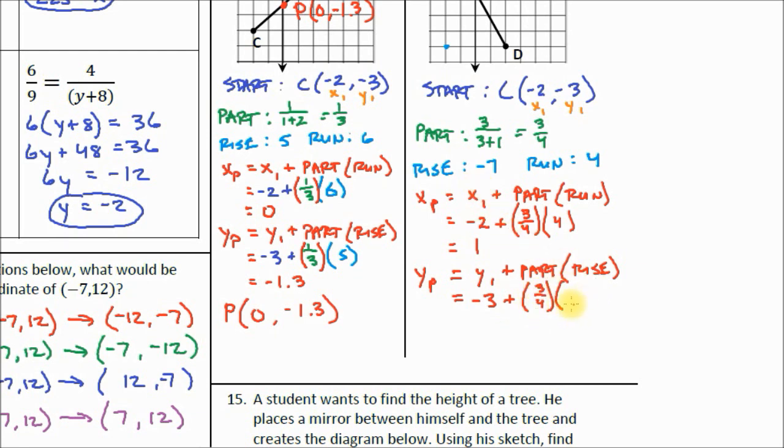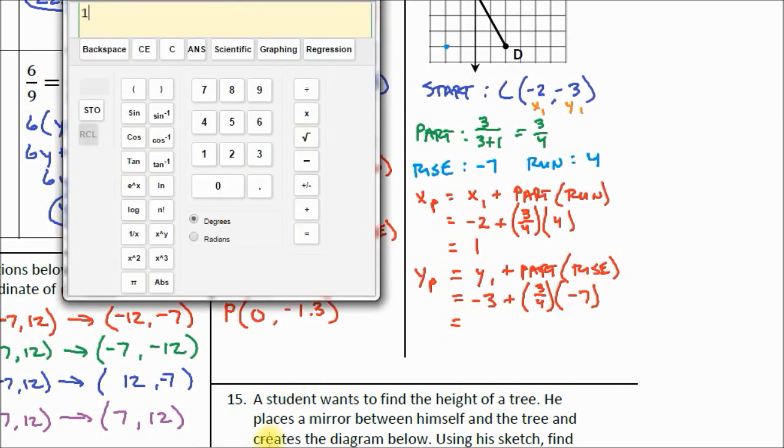Our rise is negative 7. Let's put that in our calculator and see if it makes sense. So I've got negative 3 plus, in parentheses, 3 divided by 4, and then in parentheses, negative 7 is our rise. Press equal. We've got negative 8.25.